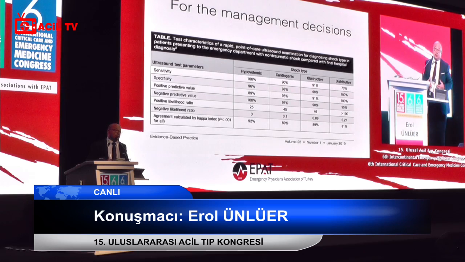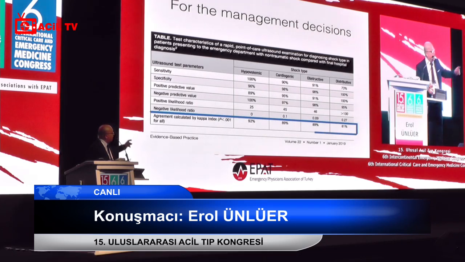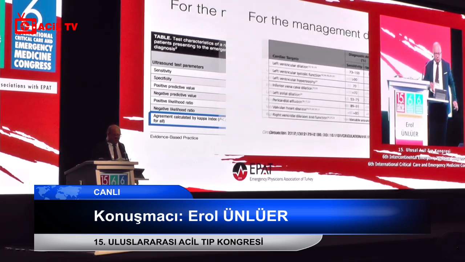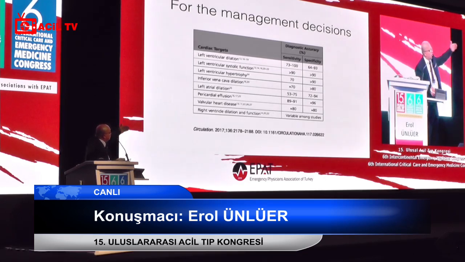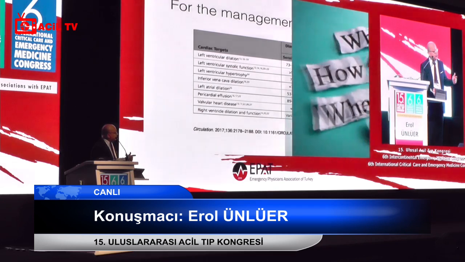We can even use our ultrasound machine to differentiate our patients' shock types: hypovolemic, cardiogenic, obstructive, and distributive shock, with a high agreement, of course, over 0.8. Also, we can diagnose a lot of cardiac pathologies with our ultrasound probe, with high sensitivity and specificity percentages.